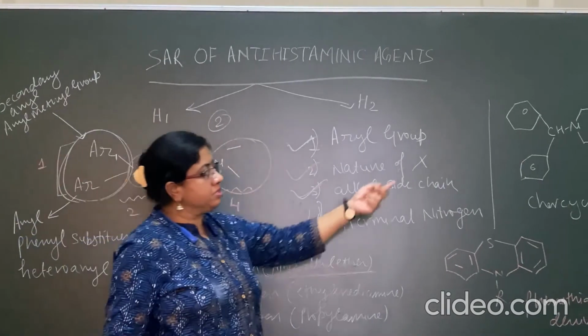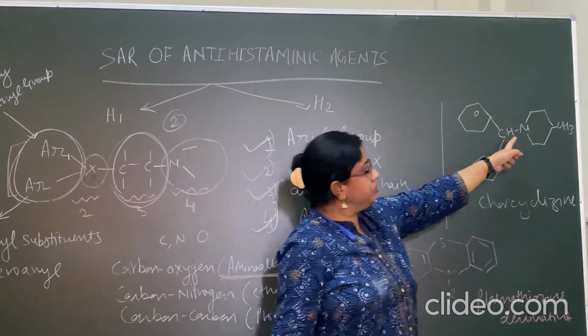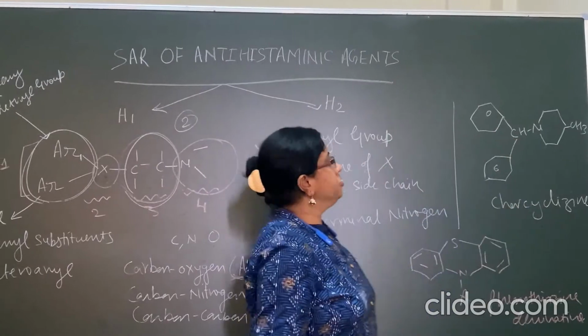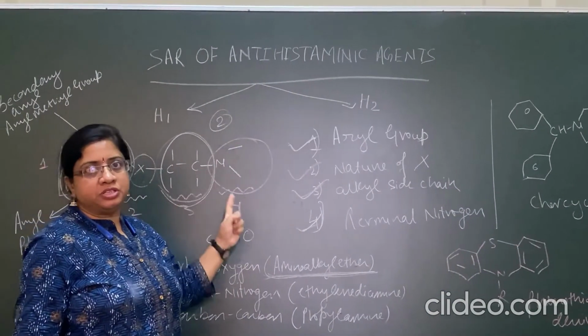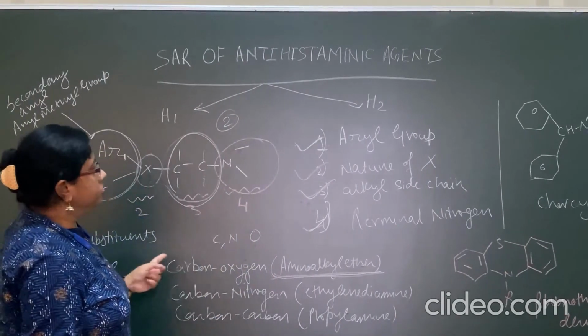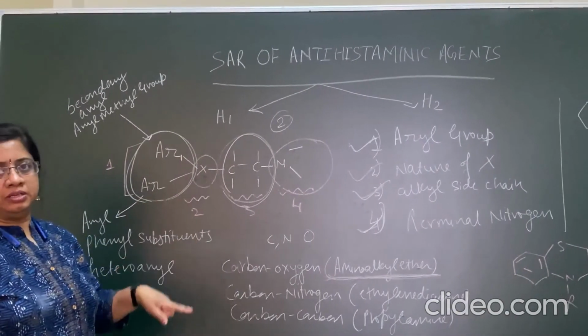You see the structure. One I have made here is chlorcyclizine. You see the nitrogen, this is a part of a heterocyclic ring. So it should be tertiary and it could be a part of a heterocyclic amine. So this is all about the SAR of H1 receptor antagonist.